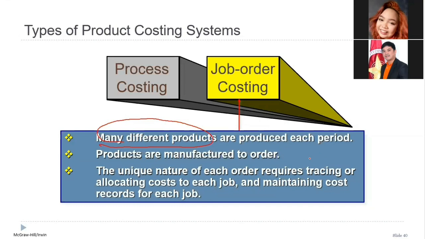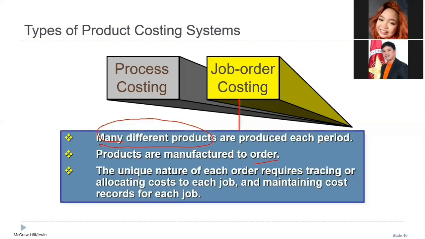So ito, unique yung nature niya kasi kaya nga job order, kung ano yung gusto ng customer, baliktad sa process costing, gawa tayo ng gawa and then later on, ibebenta natin sa customer. Same lang yung mga products na yan, no? May job order costing system, ginagawa natin pag meron tayong order. Di kaya may specification ng customer. Okay, so products are manufactured to order. Okay, so the unique nature of each order requires tracing or allocating costs to each job.